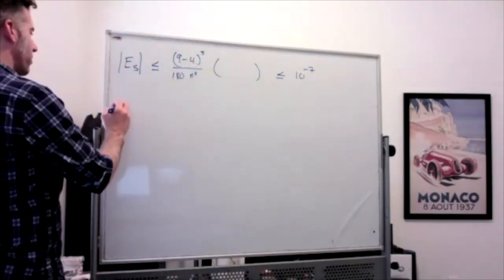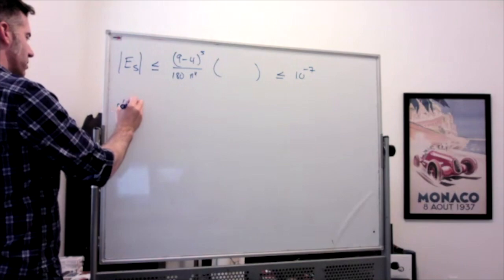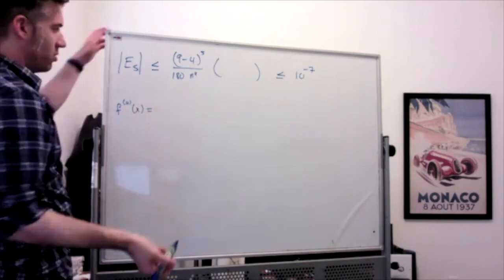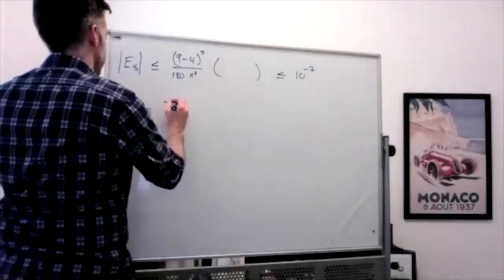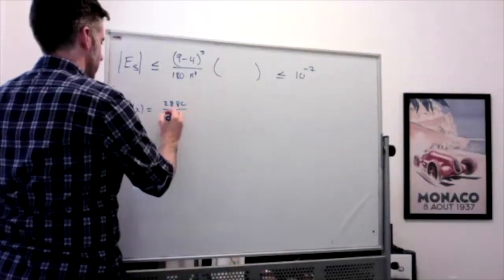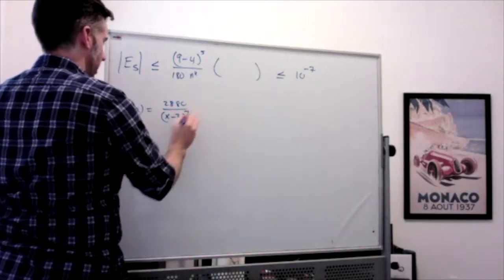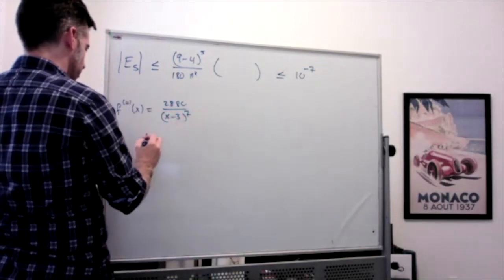And here our fourth derivative is equal to 2,880 over (x minus 3) to the seventh. Again, x is between 4 and 9.